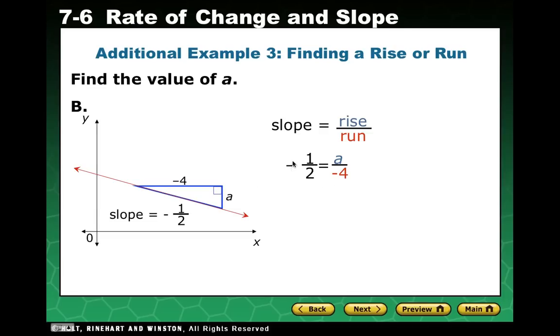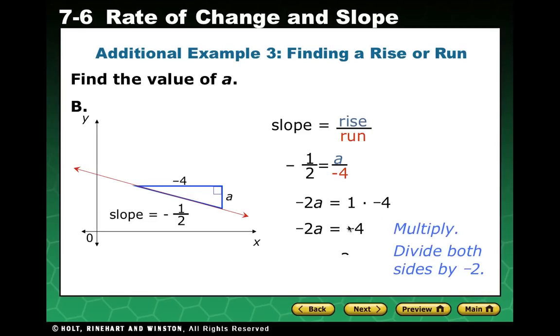And don't forget this negative. Okay, you can make the 1 negative, or you can make the 2 negative. Looks like here they made the 2 negative. So -2 times A and 1 times -4. So -2A equals -4. Divide both sides by -2, and we have A equals 2.